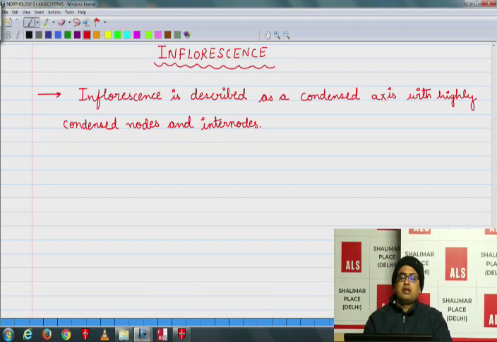There are two basic types of inflorescence that we are going to study today.